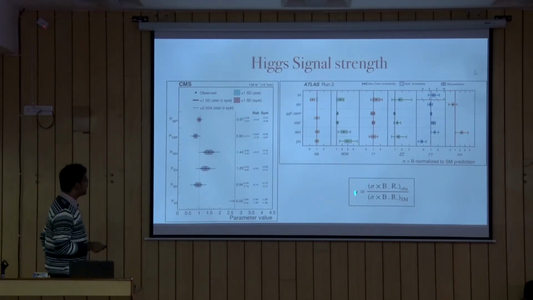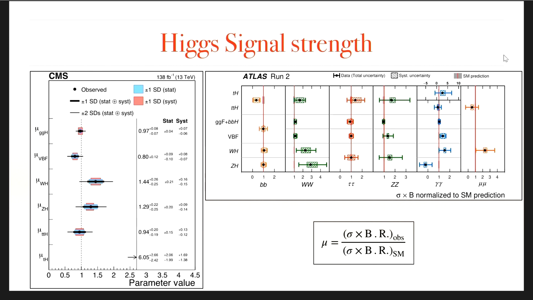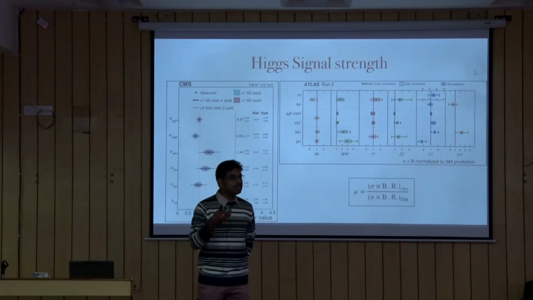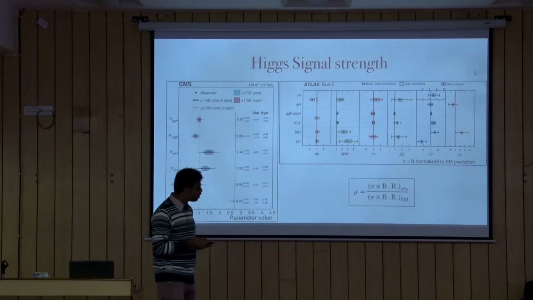What it means is that if this mu value is observed at 1, your observation is very consistent with the standard model. If not, then there is a possibility that what we are seeing has maybe something more than what the standard model offers.